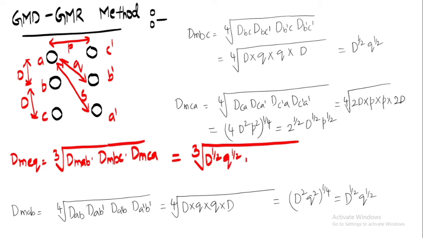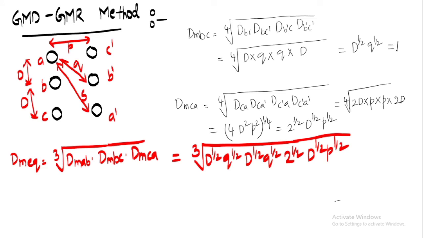Second term is also same. So D power 1 by 2, Q power 1 by 2. So these are the product of the distances. Keep in mind, 2 power 1 by 2, D power 1 by 2, P power 1 by 2 under the cubed root. Now it is equal to cubed root of D power 1 by 2, D power 1 by 2, D power 1 by 2. So D power 3 by 2.